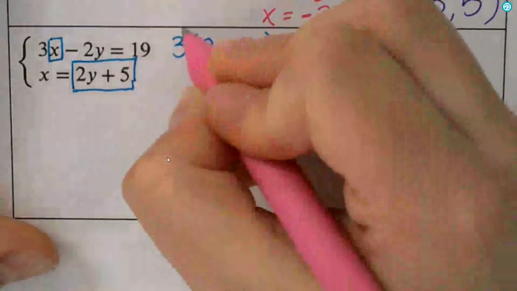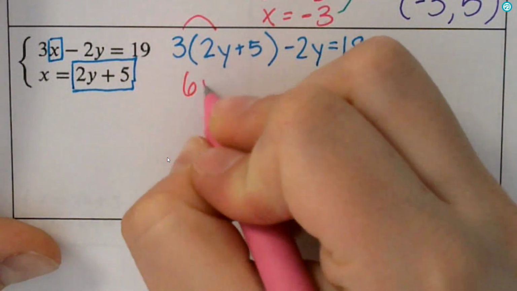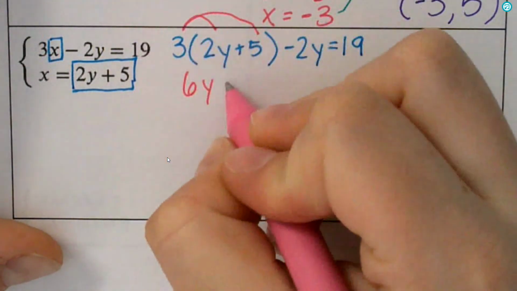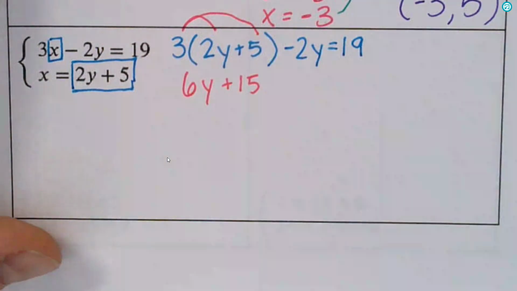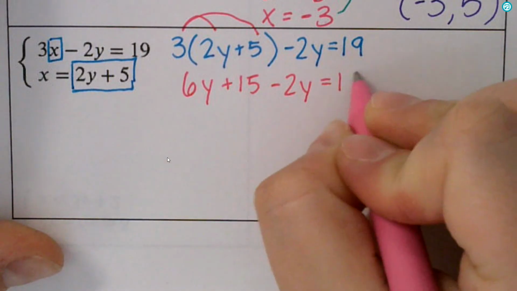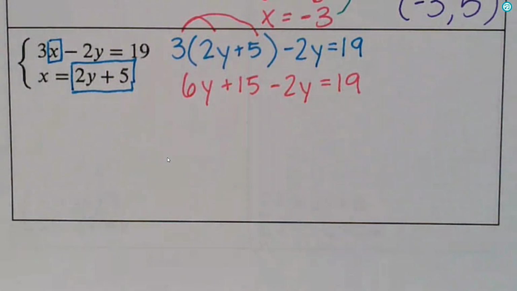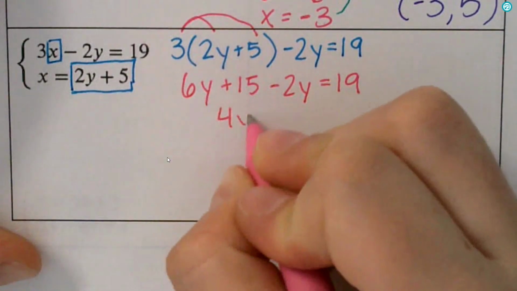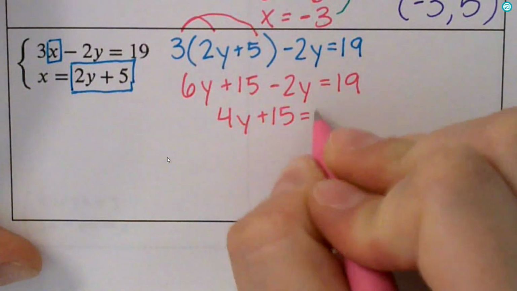So 3 times 2y is 6y. 3 times 5 is 15. I've still got minus 2y equals 19. After I distribute, what do I want to do? Combine like terms. 6y and minus 2y is 4y plus 15 equals 19.